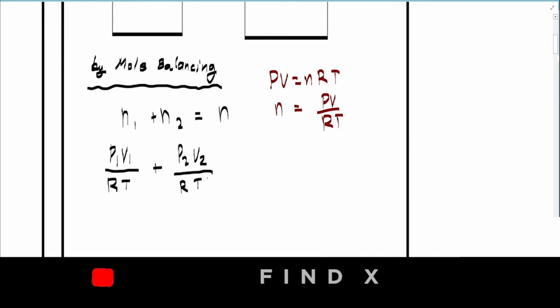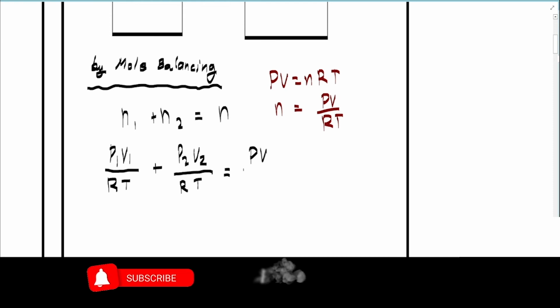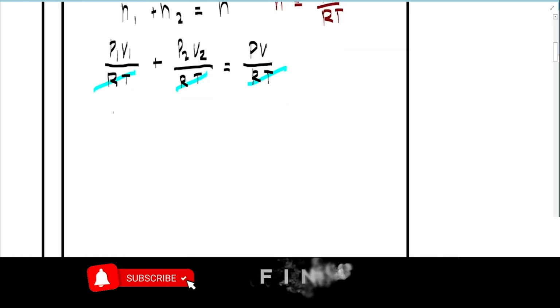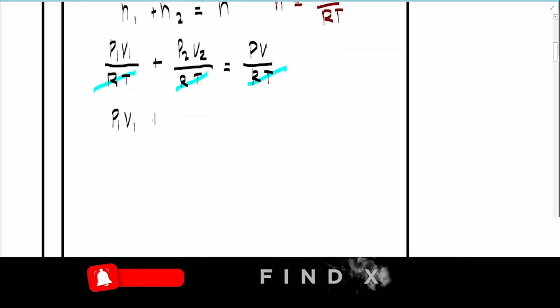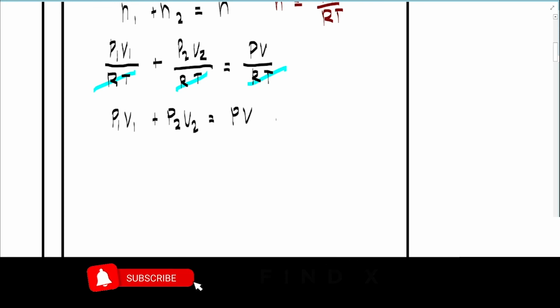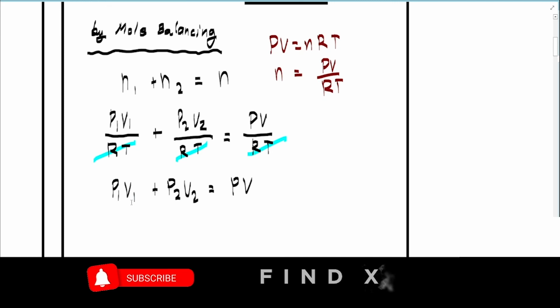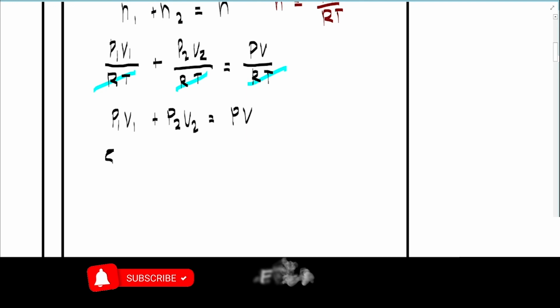So plus we have P2V2 all over RT again and all equal to, of course, the total pressure and total volume all over RT again. So as you can see, we have a common RT, so we can cancel those out. So we have P1V1 plus P2V2 equal to PV, which is the total pressure and volume.